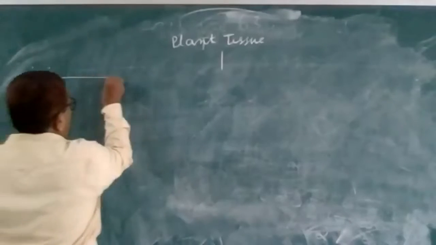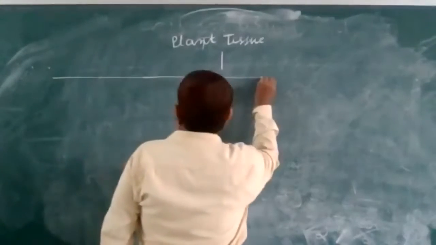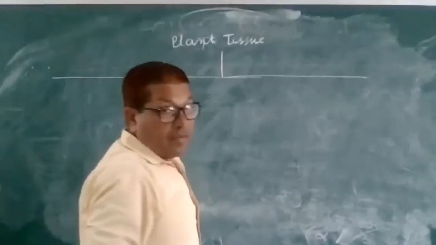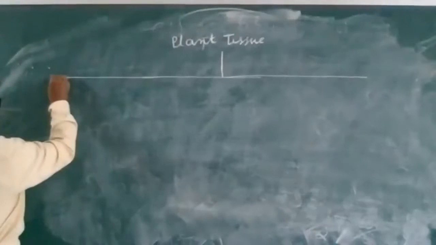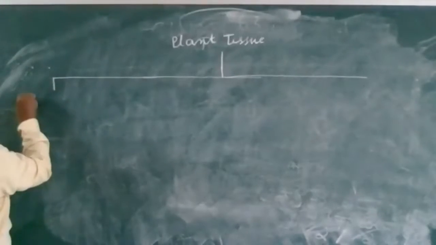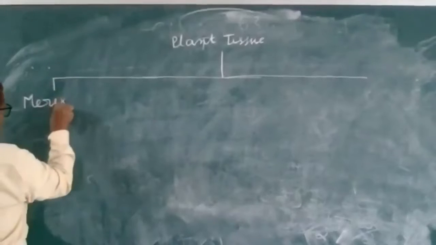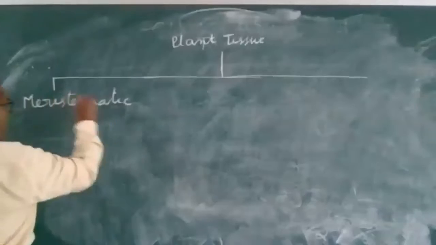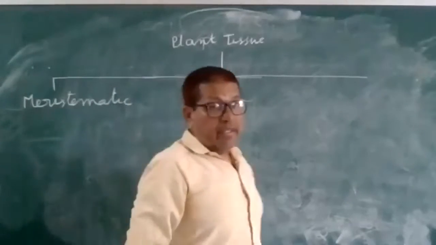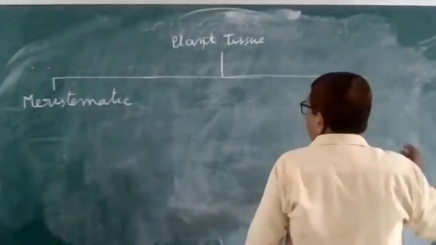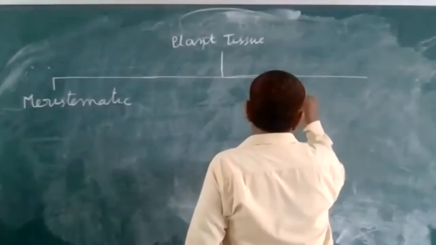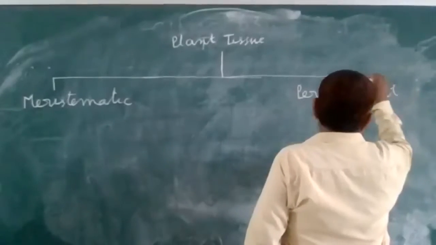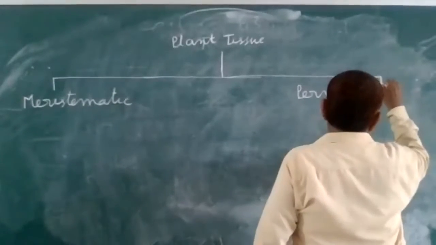Plant tissue is broadly classified in two categories. One is meristematic tissue, and the other is permanent tissue.